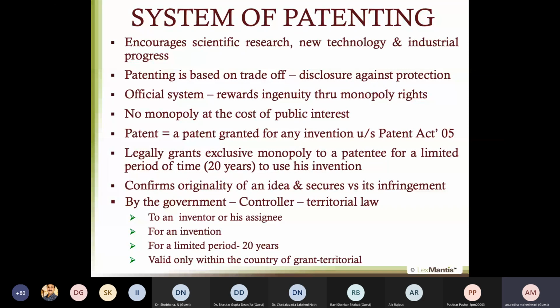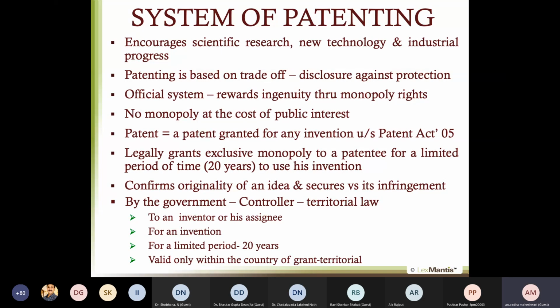All right. So how is the patent granted? The patent is granted in India by the Controller General of Patents, Trademarks, Designs and Geographical Indications. Now copyright has also been added to it. It is granted to an inventor or his assignee for an invention for a limited period of 20 years and is valid only within India.